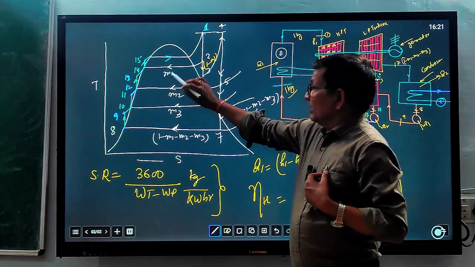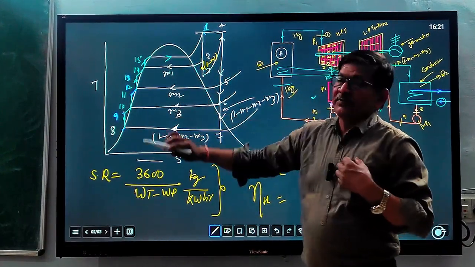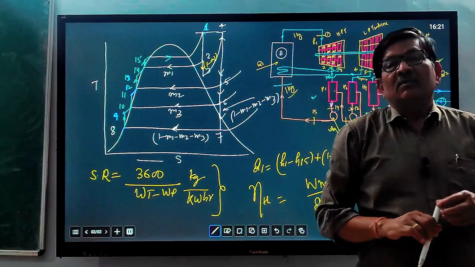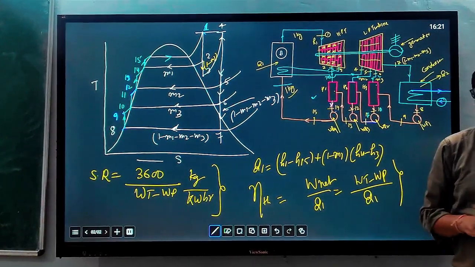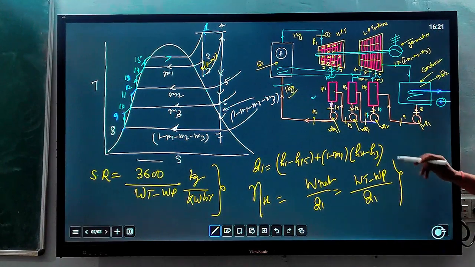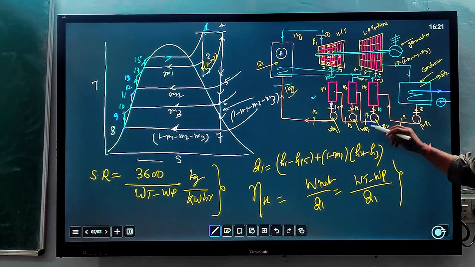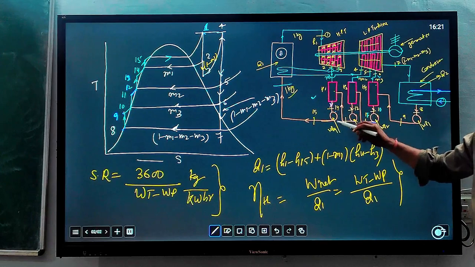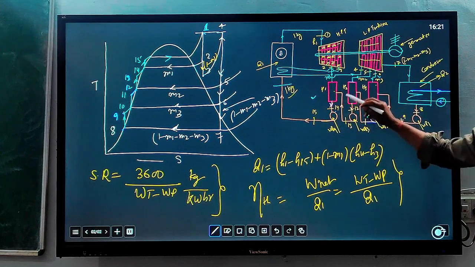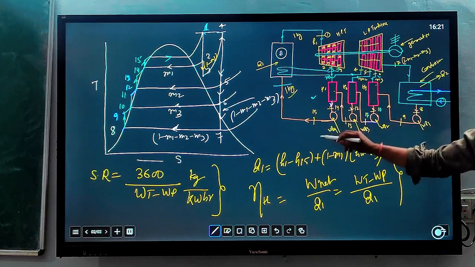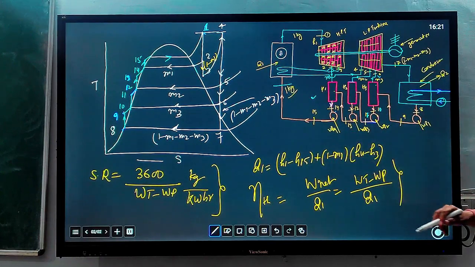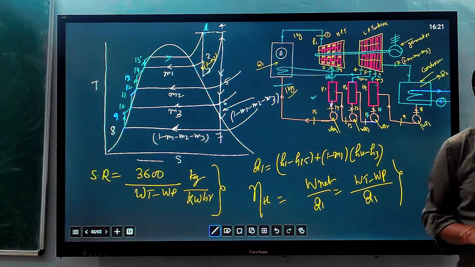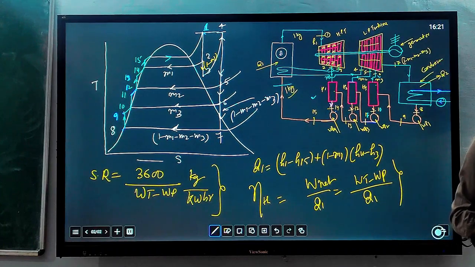If you draw the temperature entropy diagram or enthalpy entropy diagram properly, you can easily find all values in the Mollier chart. Otherwise, a process chart will be given and all point enthalpies will be given. You have to find out the mass flow rate. If some enthalpy is missing, then mass flow rate will be given. You have to write the equations of energy and mass balance, and you can find the unknown quantity as enthalpies.